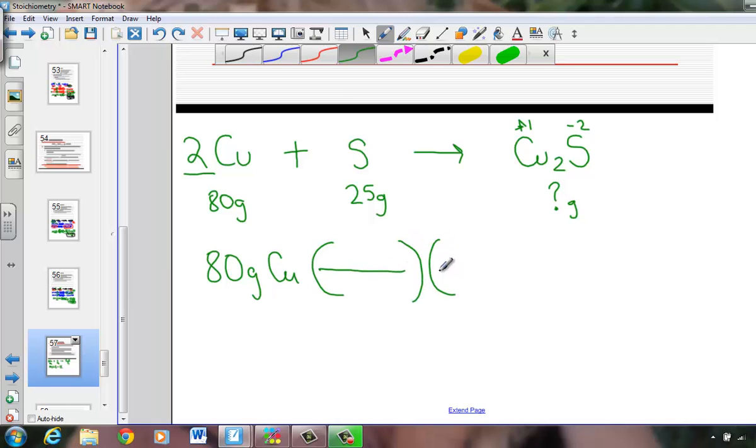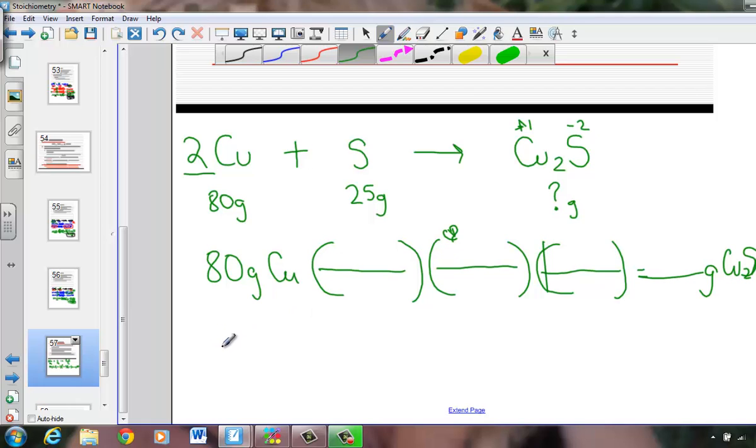I just like to get my three parentheses ready so I can see my target. By the time I'm done going through my converting process, I'm going to be at the grams of Cu2S. There's my target. The heart of my problem is my want over given ratio.